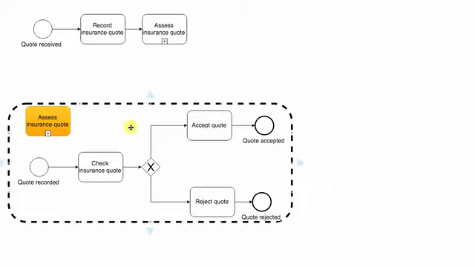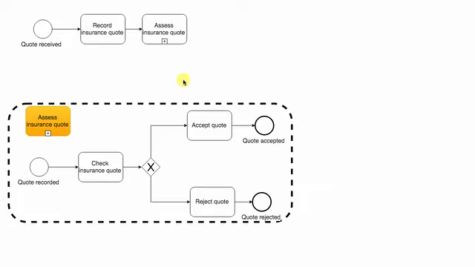So here it is now, and as you can see in the sub-process we have 1 start event, 1 gateway, and 2 end events, and they're completely different. In one we accept the quote, and in the other one we reject the quote. So how do we do this? How do we model the rest of our original process when in the sub-process we have 2 end events?